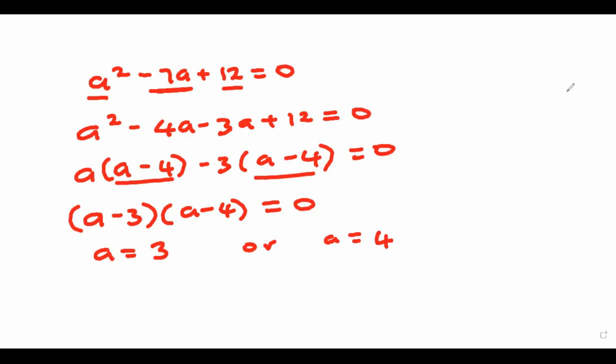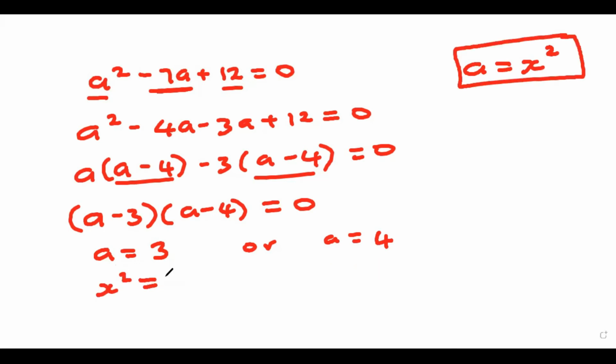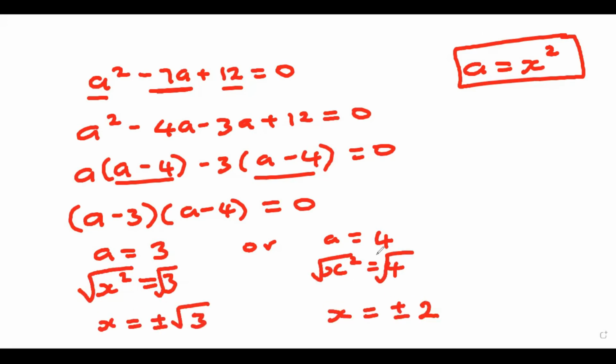But remember, we had said let a be equal to x squared. So we started off with x, so we have to end with x. x squared is equal to 3 and x squared is equal to 4. So now we want x by itself, so we're finding the square root of both sides. And that would be a final answer.